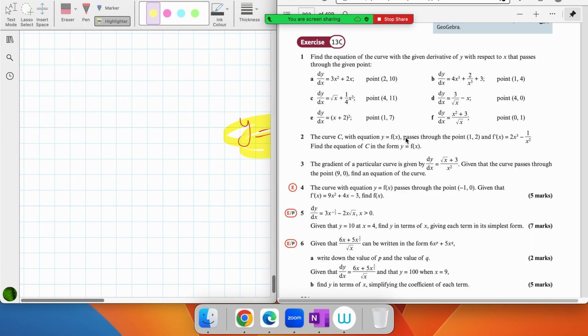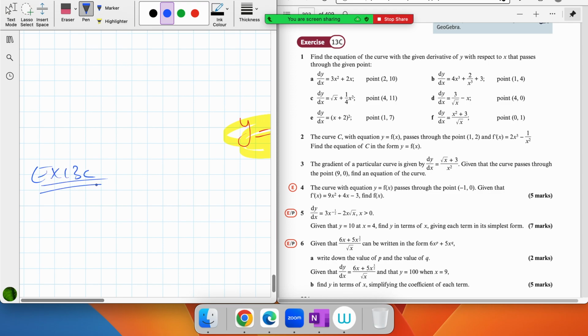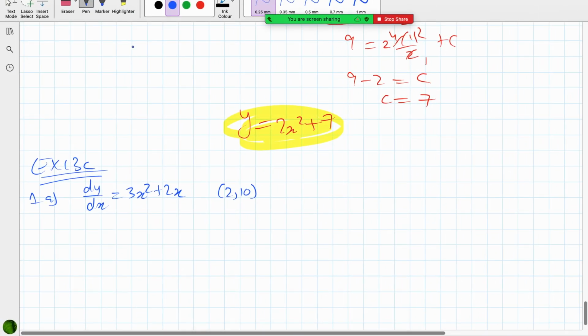Okay, let's try this exercise 13C. First question says, question number 1 part a, dy by dx is equal to 3x square plus 2x. The derivative is already given. A point is given that it passes through (2, 10), and we have to find the equation. So I know I will apply the integral on both sides and it will be equal to my equation.